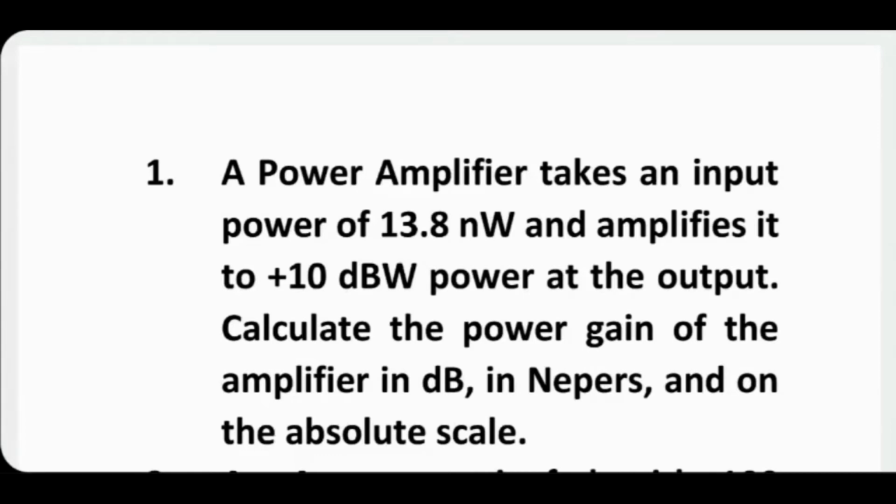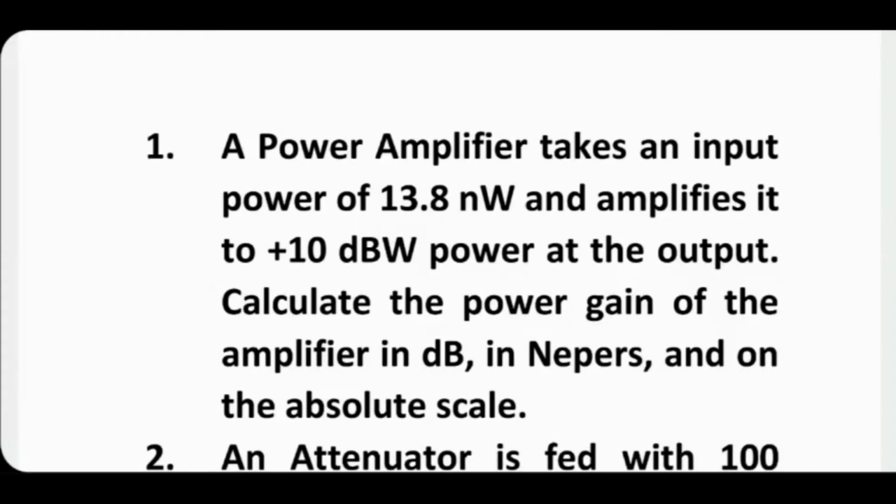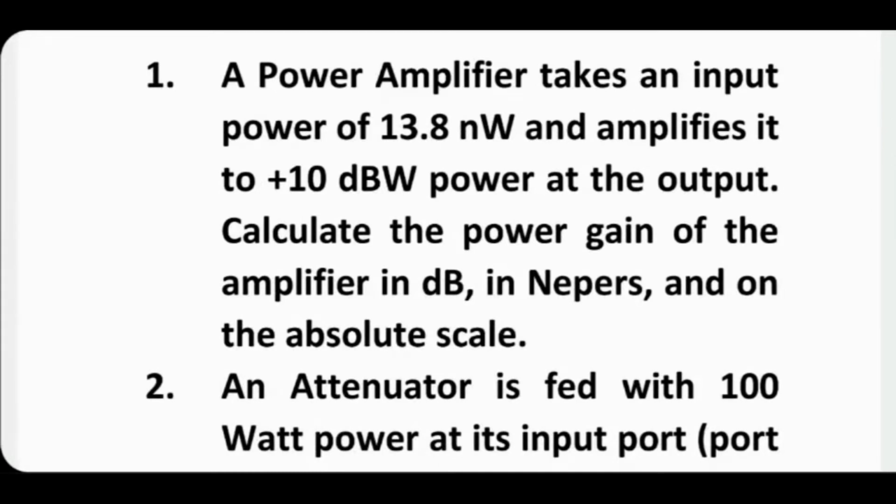That's the input power, 13.8 nanowatt, and amplifies that power at its output port to plus 10 dBW power. The output power is plus 10 dBW. Input power is 13.8 nanowatt. Calculate the power gain in dB, in Nepers, and on the absolute scale. That means no logarithms.